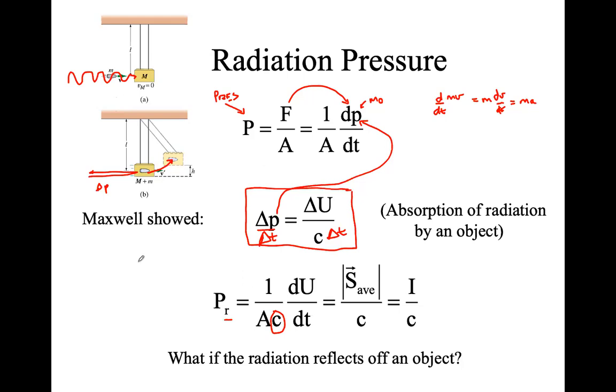So if you've got a nice shiny object, you should find that the light reflects. On the other hand, I'm looking to see if I have a radiometer. I think it's in my office at Dunning Hall. If the light is hitting a black material that absorbs it, you'd expect less pressure on that side.